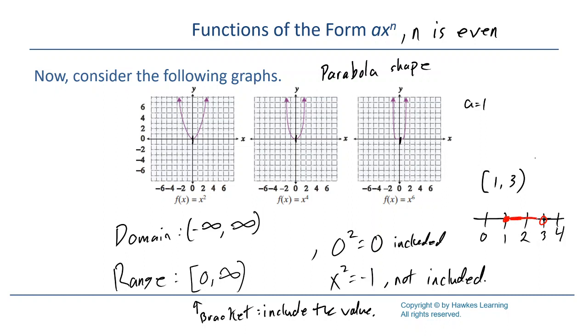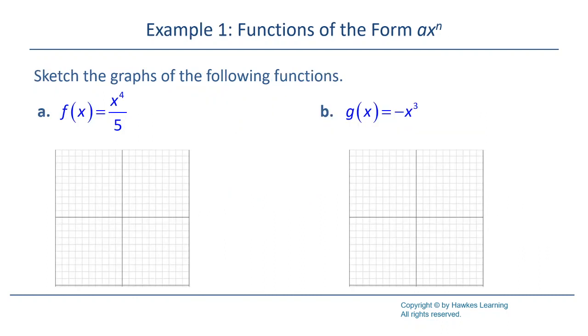So the interval is all the values between 1 and 3, excluding 3 but including 1. This means 2.999 and a bunch of other 9s is included. I could have 2.1 billion 9s, because that's still less than 3. But as soon as I say I want to include 3, I can't. Just a little reminder on that.